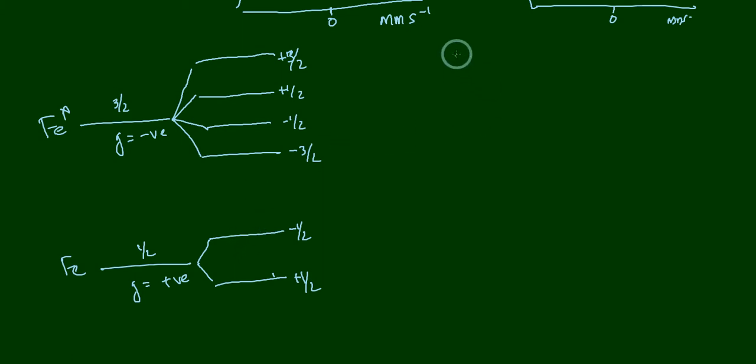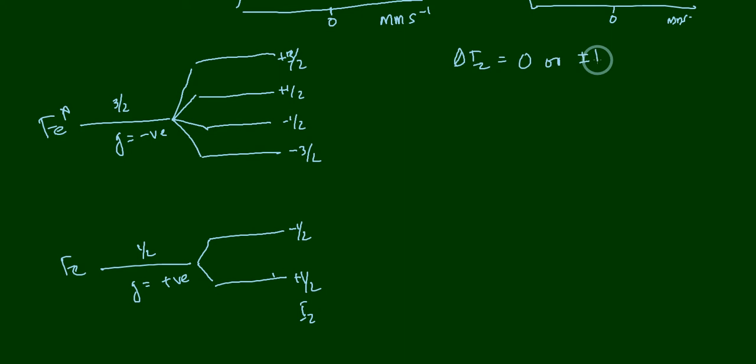The selection rule is that delta Iz, where all these values are called Iz values, is equal to 0 or plus or minus 1. These are the possible transitions.